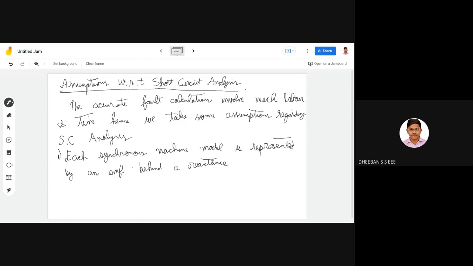So using this, we can determine the current immediately after the fault.